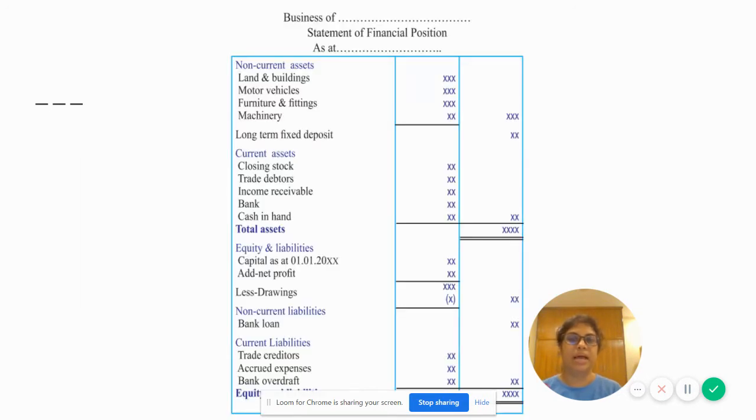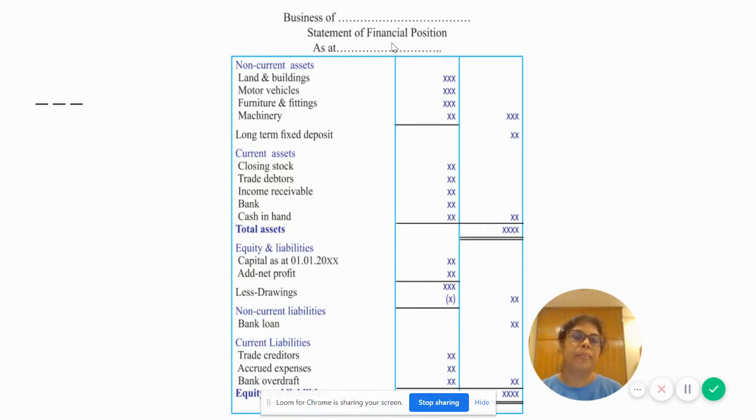Then this is the standard format that you will be tested on at the exam. You have to write it in three parts. First, you have to give the name of the business. It's a business of Sadev. Statement of financial position. And here we are using a special wording, as at 31st December 2019, let's say.